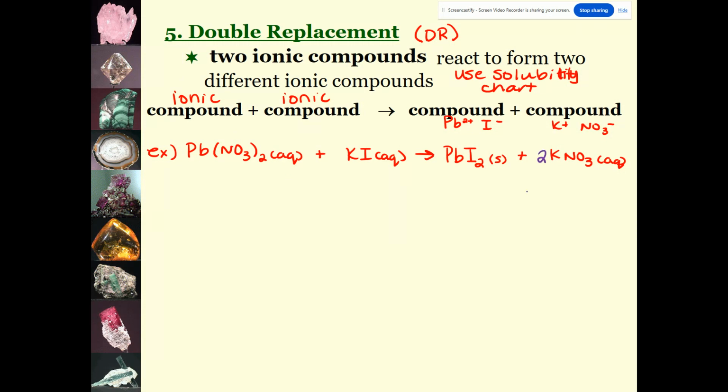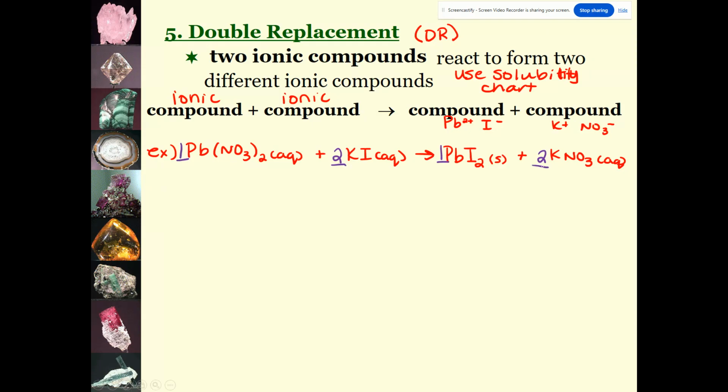So I can put a 2 in front of my potassium iodide, which gives me 2 potassiums, and 2 iodides, which is good because there's 2 iodides in the PbI2. So that is my proper reaction.